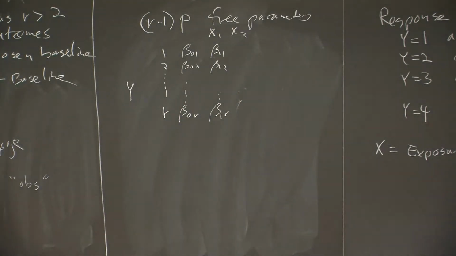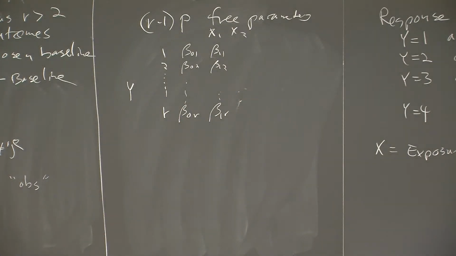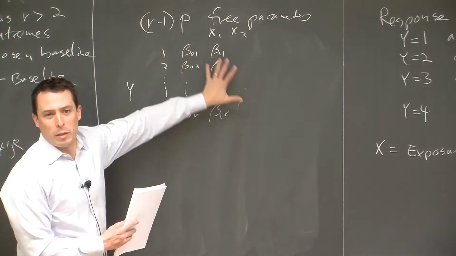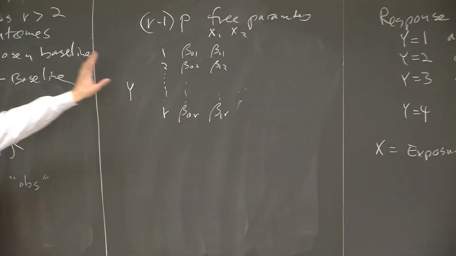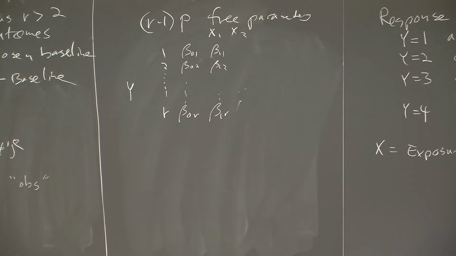So it's quite a lot of parameters. If you have enough data, that's fine, but we'll see in a moment that there's various choices for reducing the number of parameters. Basically, we set some of them equal, or we change coordinates and then set some of them equal.